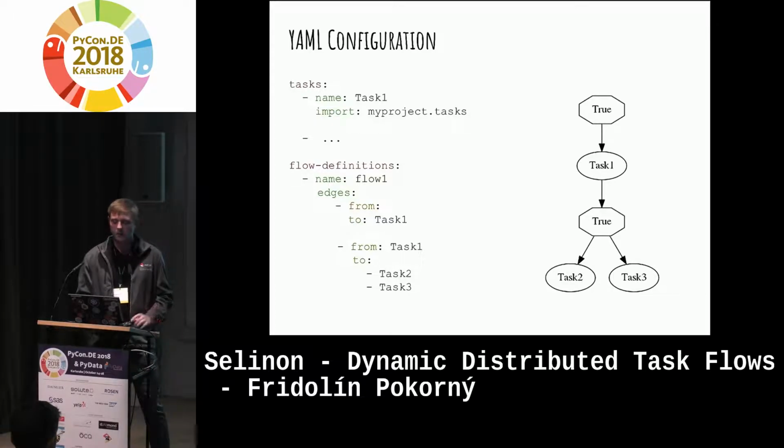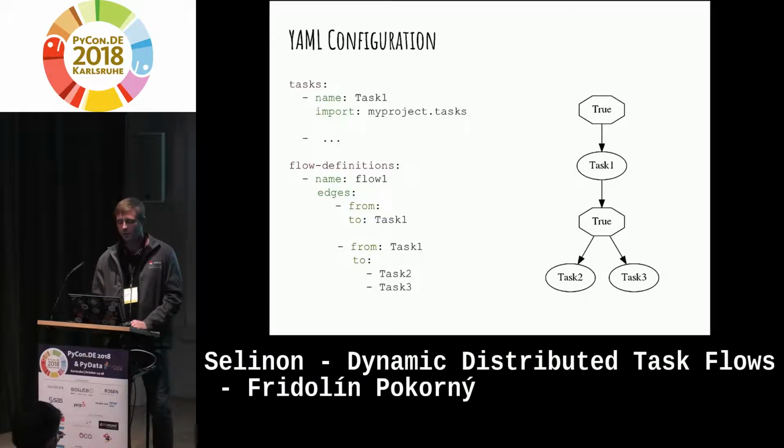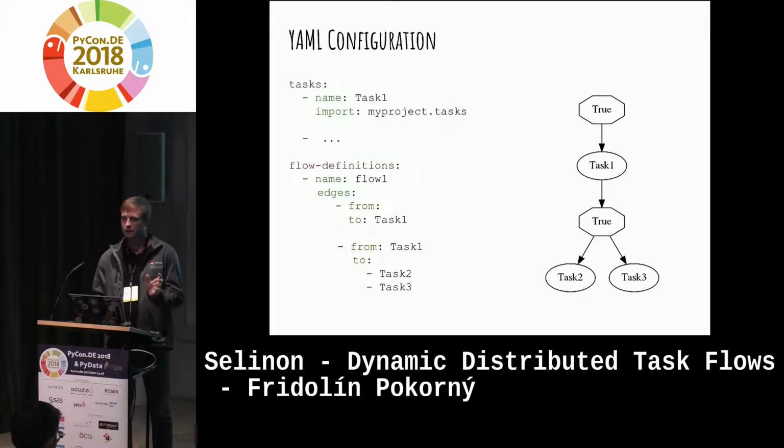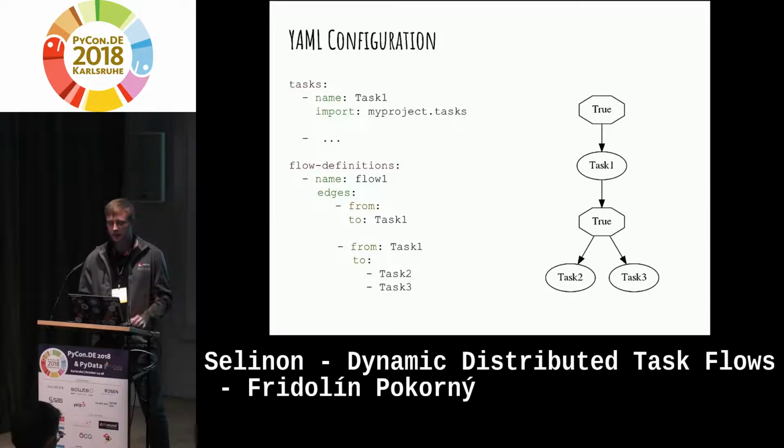So in this example, we have a flow that is named flow 1, and then you describe edges that basically state transitions between tasks. So we start with task 1 because task 1 has no source dependency. And from task 1, we continue to task 2 and task 3. And task 2 and task 3 are both executed in parallel depending on available resources in the cluster.